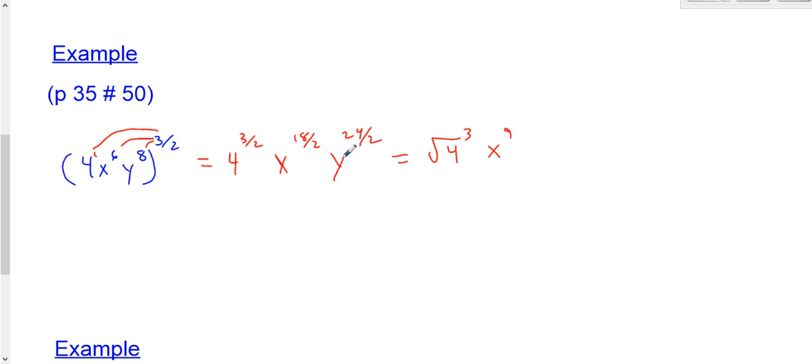And the exponent on y, 24 divided by 2 is 12, so I get y to the 12th. So if I take the square root of 4, I get 2 to the 3rd, which is 8. And so really, I just need to simplify that radical there and with the exponent of 3, and my final answer is 8 x to the 9th and y to the 12th.